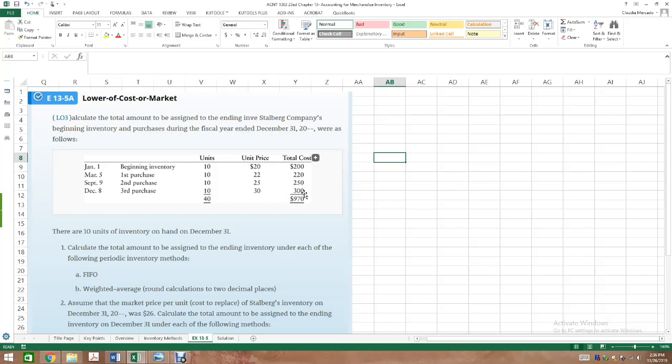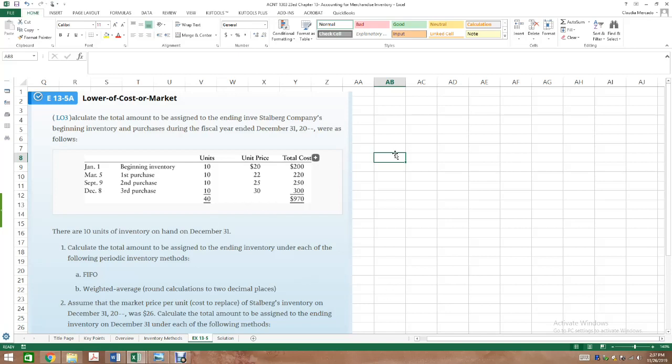That's $300. So now I have 40 units, and the total cost of those 40 units is $970. Now, they're telling you that there are 10 units of inventory on hand December the 31st.